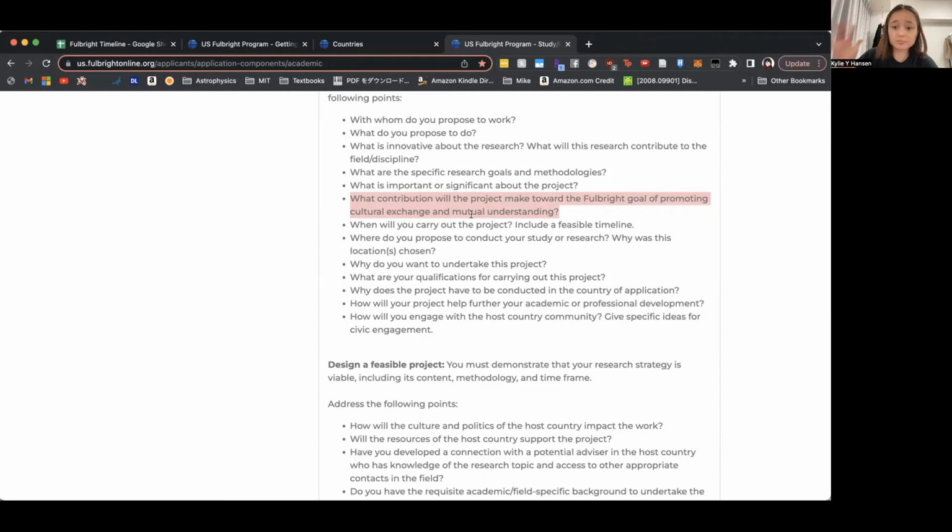So I emphasized that I will bring an international perspective into the astronomy world in Japan, and also learn the Japanese side of astrophysics research and bring that back to the States. That was one of the arguments I had for the connection between America and Japan for this aspect of the project proposal.